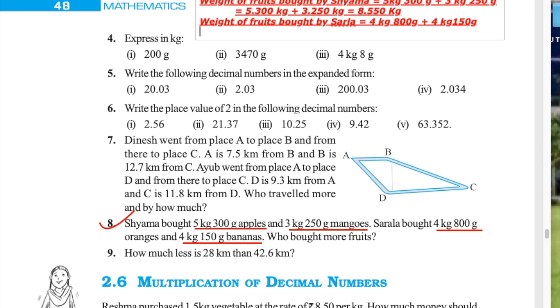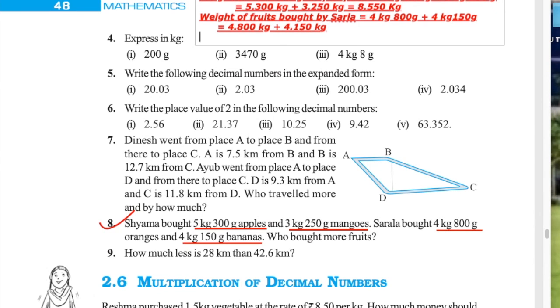So what is the total weight of fruits bought by Sarla? If you add, first you need to write it in decimal. It will be 4.800 kilogram plus 4.150 kilogram. If you add, you get 8.950 kilogram.